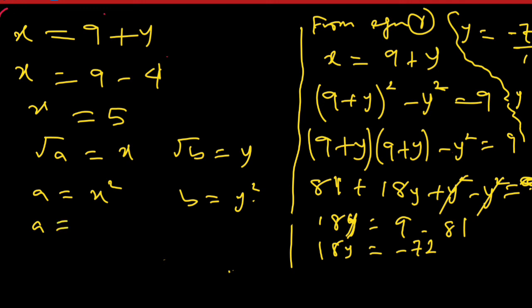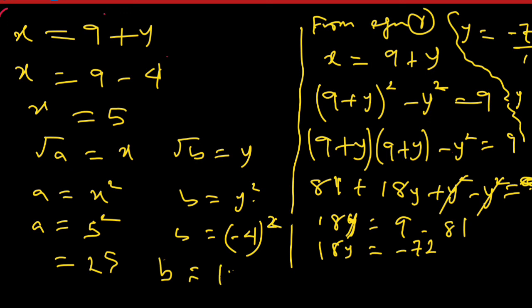My x is equals to 5, so a equals 5 square, that gives 25. And then my b will be equals to minus 4 square, which is 16.